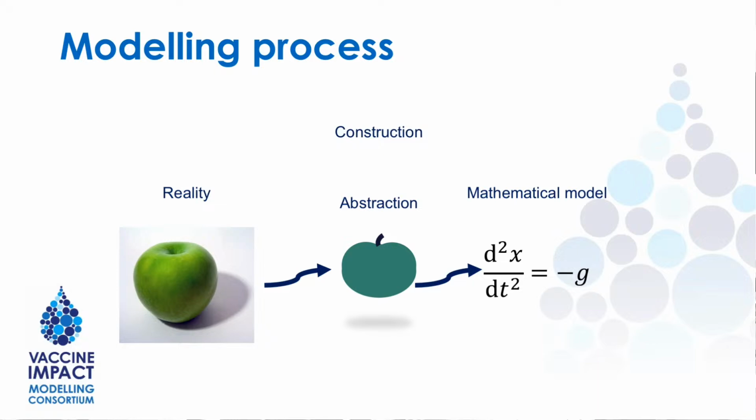So even if you go through this process of reality to a mathematical model, you want to start simple and then build up. You want to focus on going back to that question that you've got from the policymaker or your research question and thinking about, okay, which bits are really essential for me to capture in my model? What can I inform by data? What information do I have? And then use that to refine your question, think about an abstraction of reality.